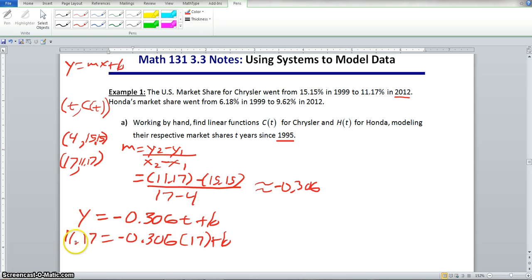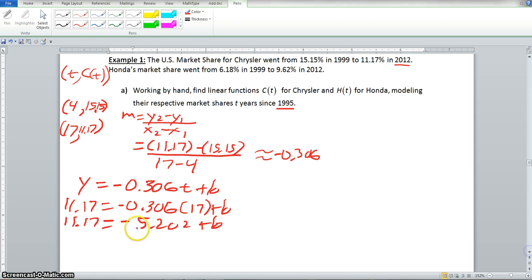So we would have 11.17 is equal to negative 5.202 plus b, because when you multiply these values, this will give you negative 5.202. Now we need to subtract. Well, actually we need to add.